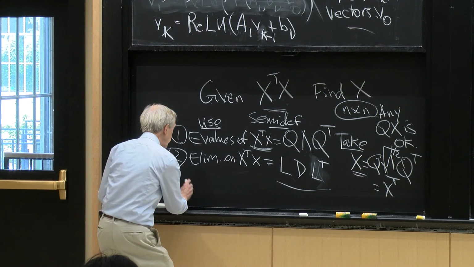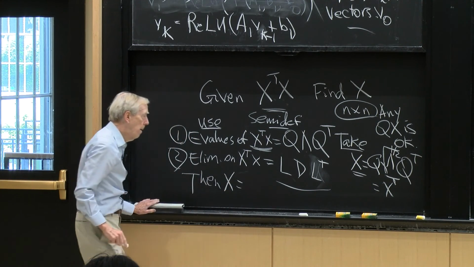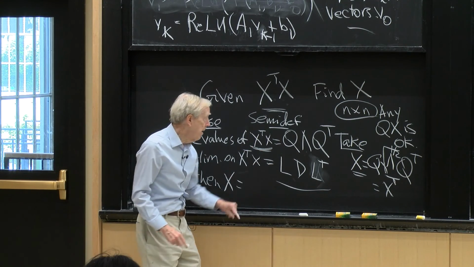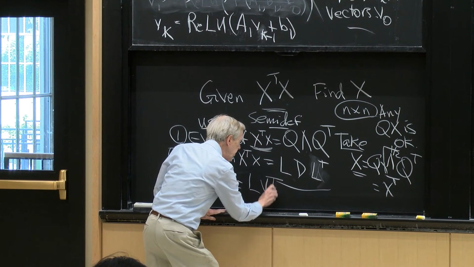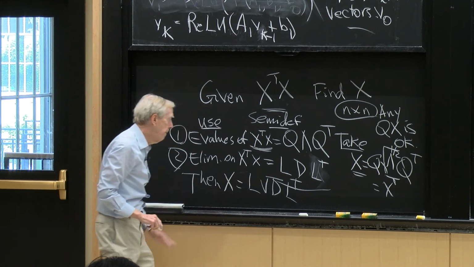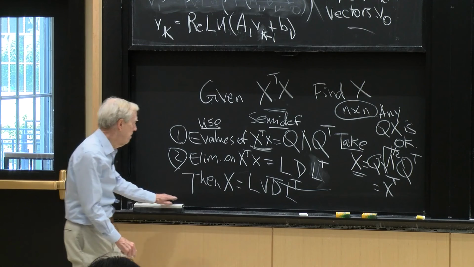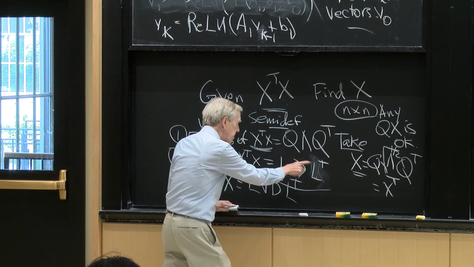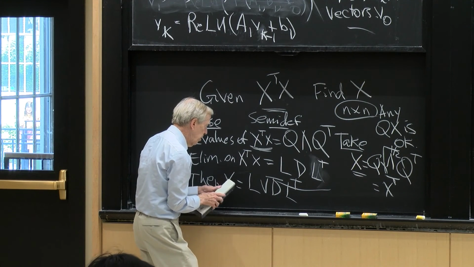So now what's the X? It's just like that. I'll use L square root of D L transpose. Is that right? Wait a minute, that's not going to work, because I don't have L transpose L where I had Q transpose Q, which was good.